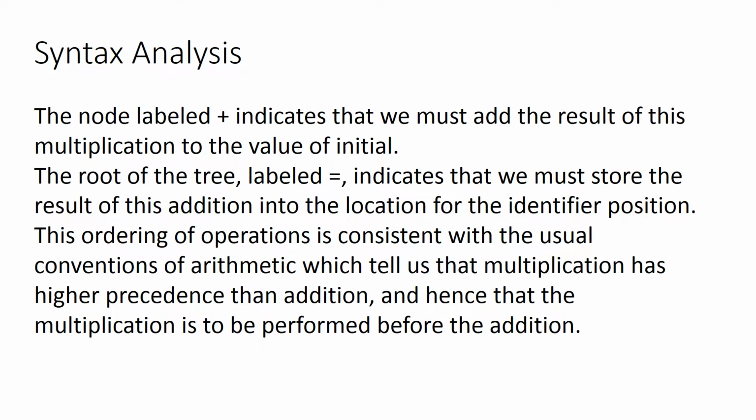The node labeled plus indicates that we must add the result of this multiplication to the value of initial. The root of the tree, labeled equals, indicates that we must store the result of the addition into the location for the identifier position. This ordering of operations is consistent with the usual convention of arithmetic, which tells us that multiplication has higher precedence than addition, and hence the multiplication is to be performed before the addition.